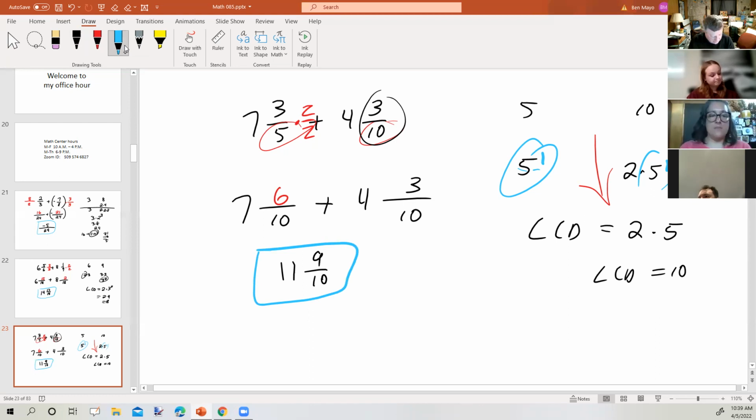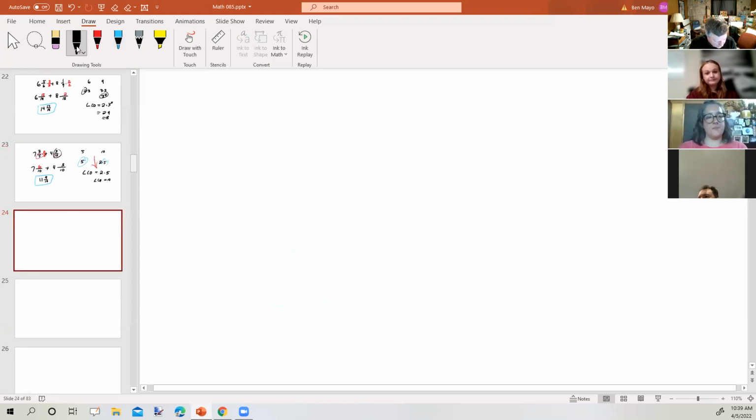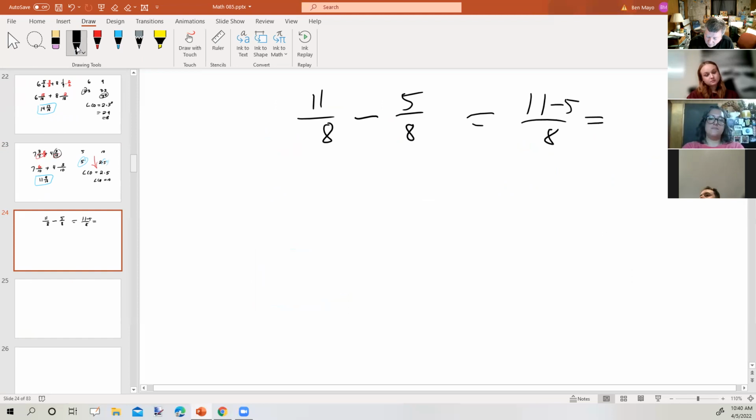Okay, let's take a look at this next problem. We have 11/8 minus 5/8. We're subtracting two fractions. They already have the same denominator, so we subtract the numerators over the common denominator. 11 minus 5 is 6, so we get 6/8.